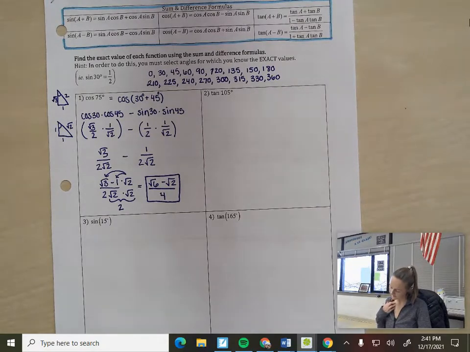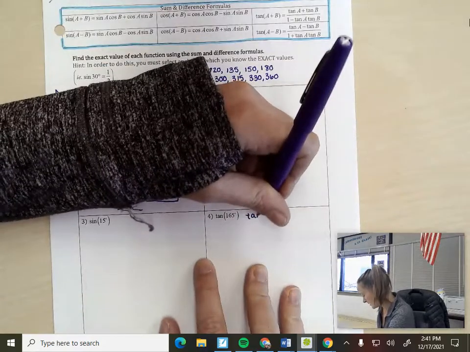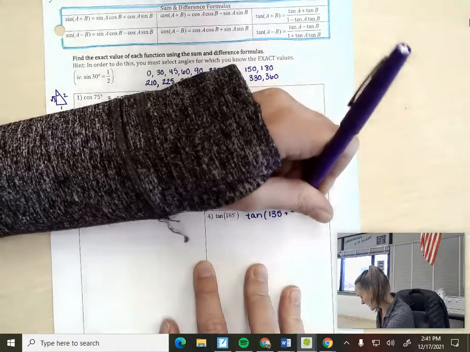I'm going to do 135 plus 30 degrees. So I'm going to change this into tangent of 135 plus 30 degrees.